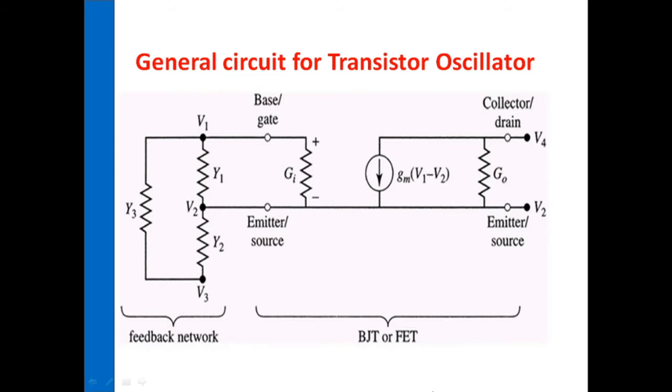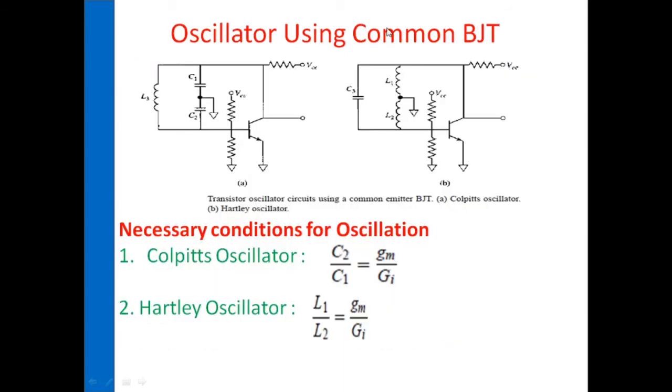Now this is one configuration, and these are examples of transistor oscillator models. The first diagram represents the Colpitts oscillator model. In the Colpitts, the feedback network is represented by one inductor in parallel with two capacitors C1 and C2.